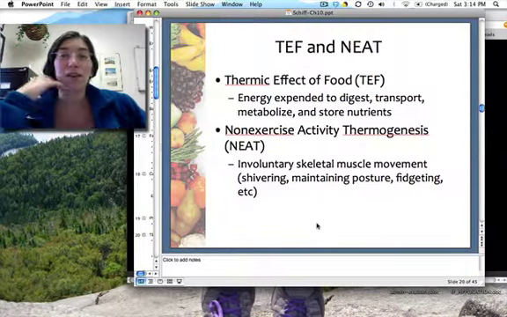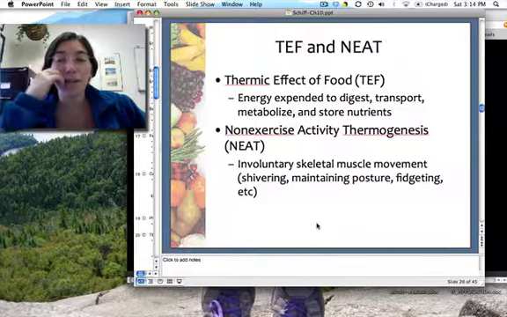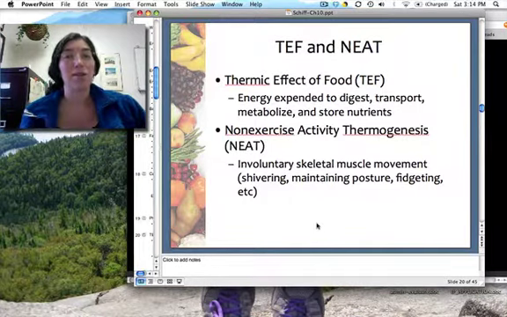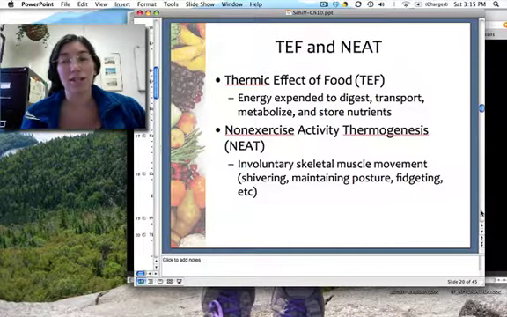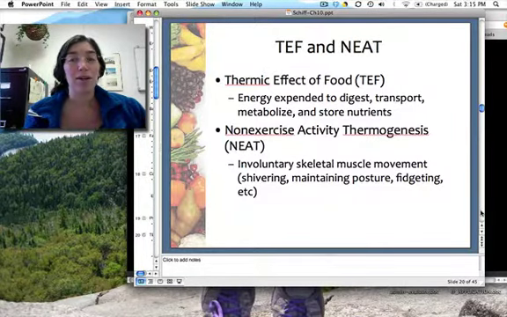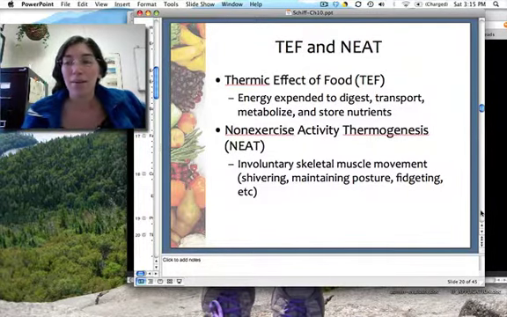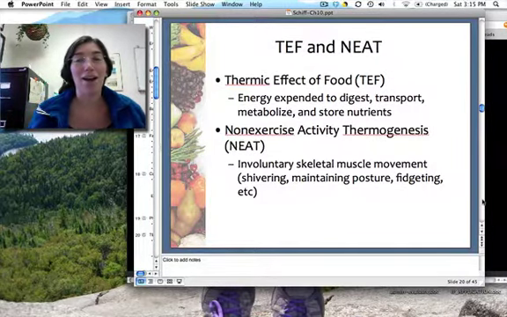All of those things are small involuntary muscle movements that you don't necessarily realize you're doing, but they're actually burning small amounts of energy. Usually, sometimes they can be very insignificant. And some people who are very fidgety, it might be higher. But it is something that can contribute to our energy output.